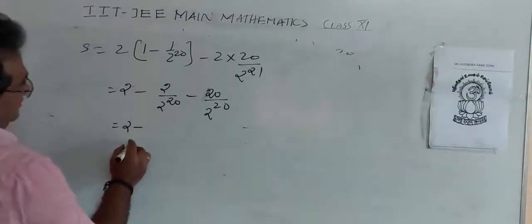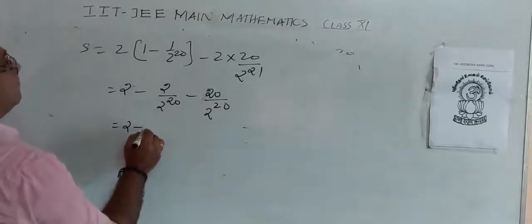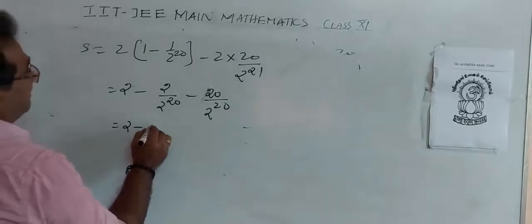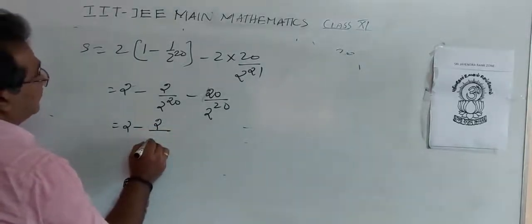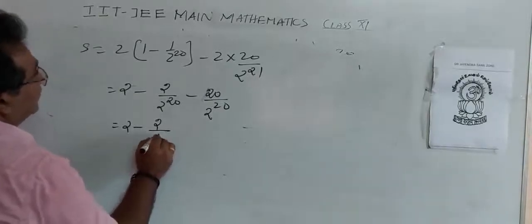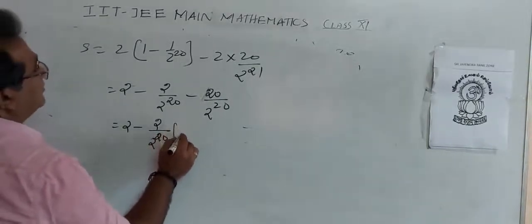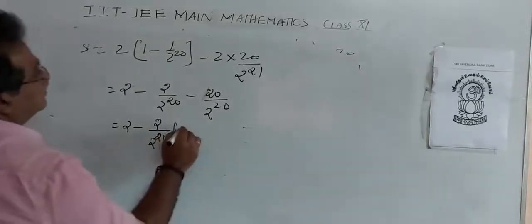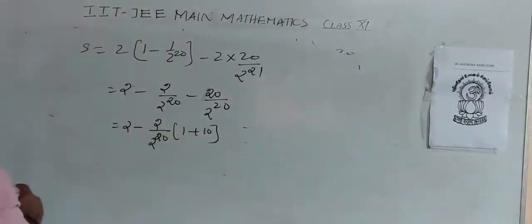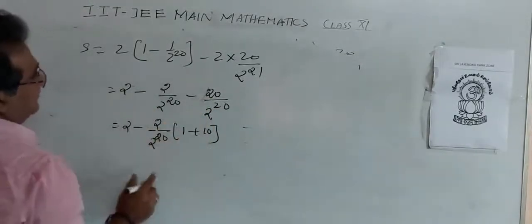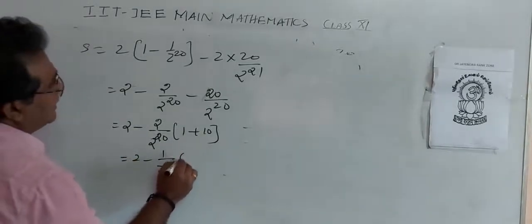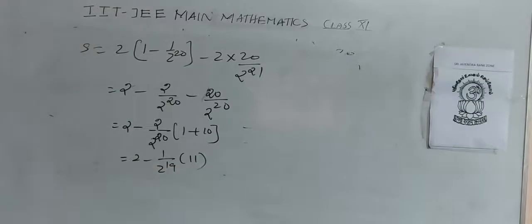Two minus, if you take 1 by 2 power 20 in common, 2 plus 20, so 22 by 2 power 20. So 2 minus 1 by 2 power 19 into 11.